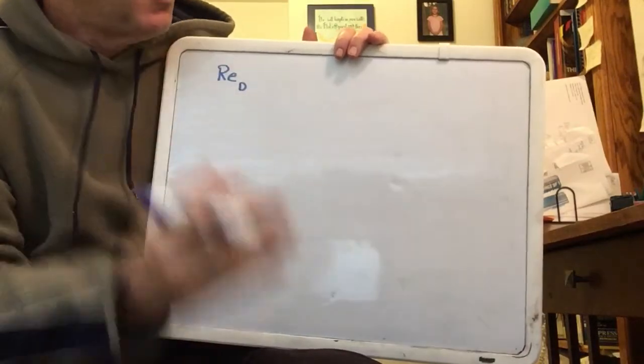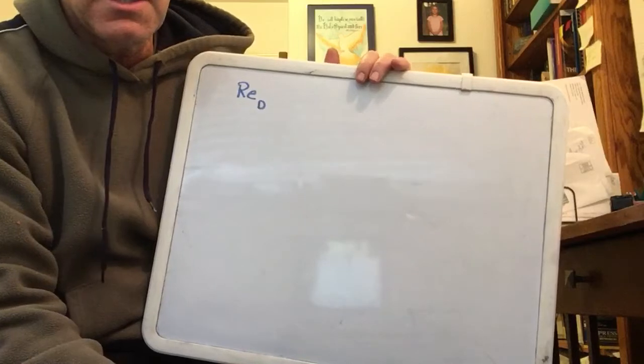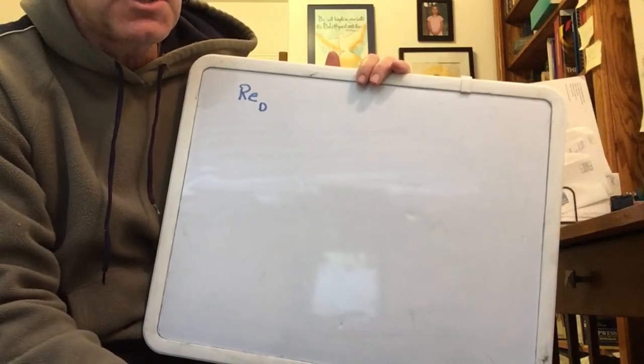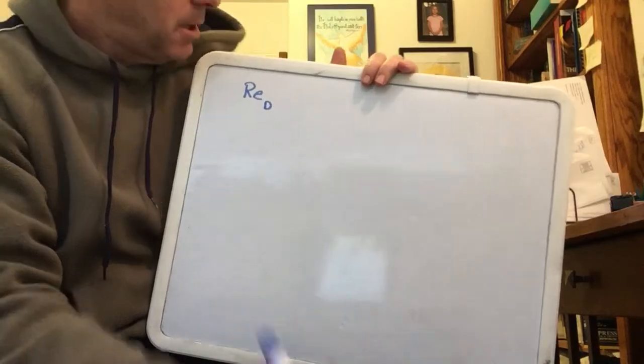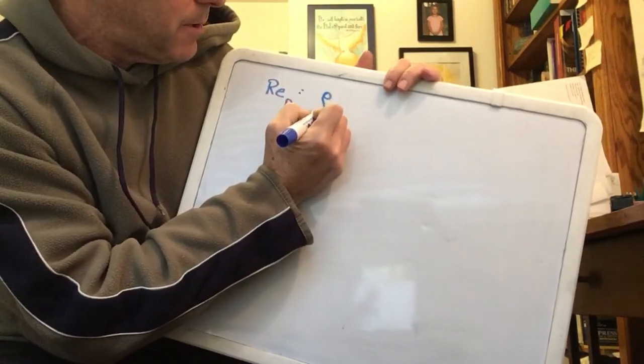Okay, so what's going to make it more likely that the fluid's flow regime within a tube is going to be turbulent? Okay, well, let me list some factors and we'll just go through them one by one.